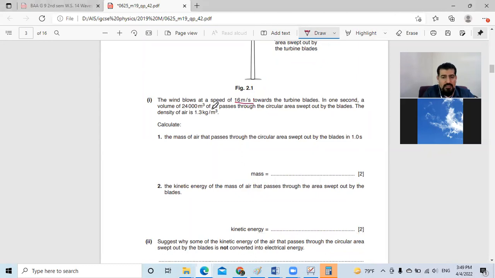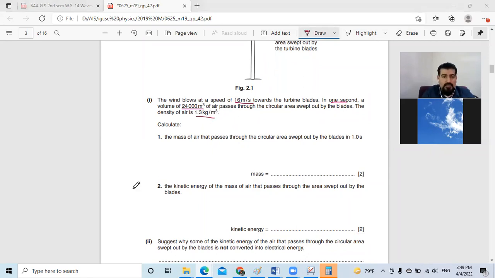Every 1 second, the volume of air passing here is 24,000 cubic meters. And the density of air is 1.3 kilograms per cubic meter.